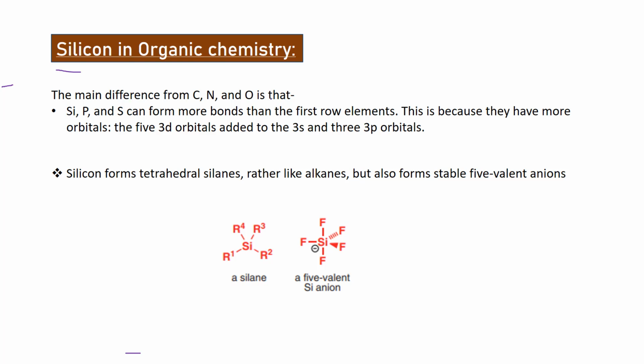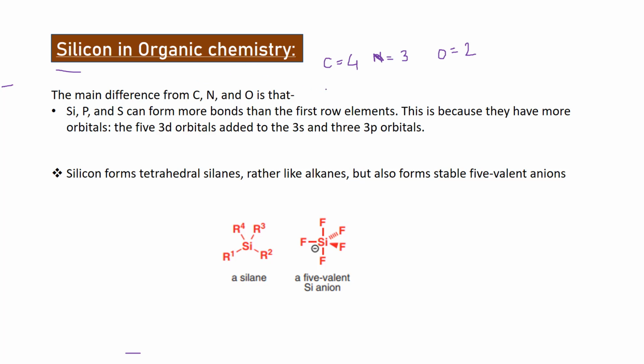How many bonds can carbon form? Carbon can form 4 bonds. Nitrogen can form 3 bonds, remember ammonia. And oxygen, remember water, can form 2 bonds. Whereas these 3 atoms can form more than this.